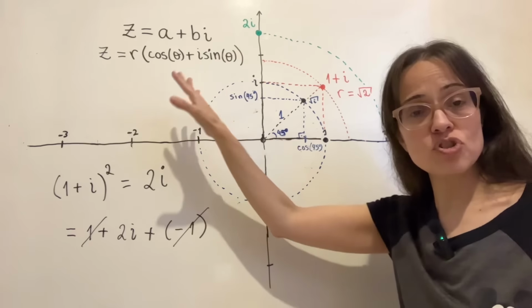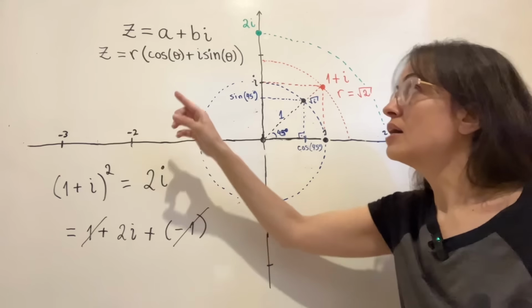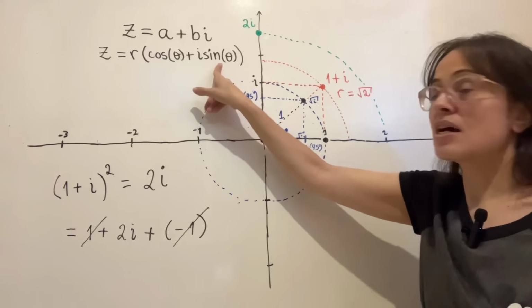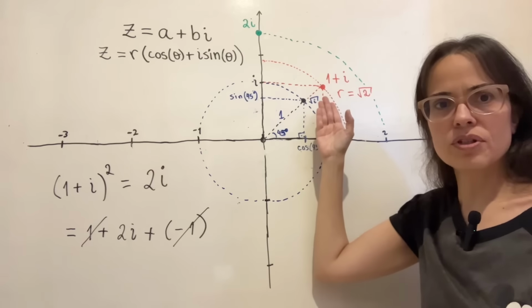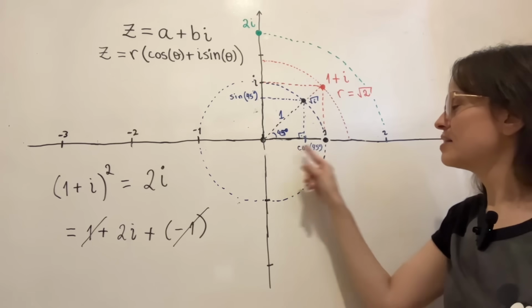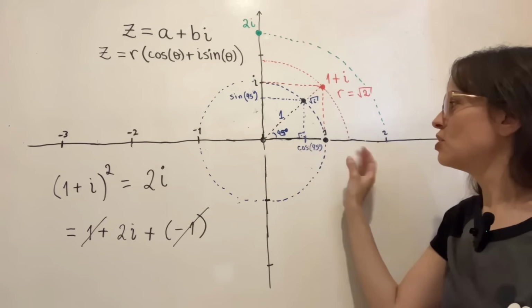Although really, they're both just saying the same thing twice. R cosine theta and r sine theta are just the coordinates of the point, just as much as A and B. The cosines are the horizontal coordinates and the sines are the vertical coordinates.